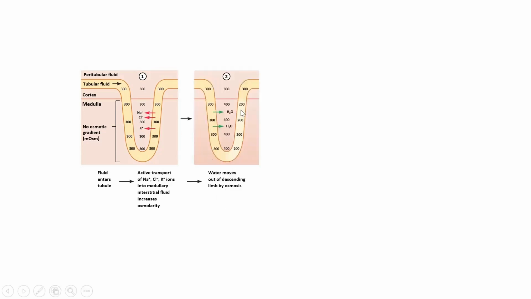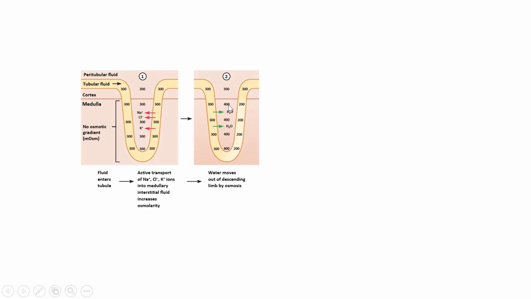Because we've pumped solutes out into this region to start, we now have a gradient, right? We've got more solutes actively pumped out into the interstitial fluid around the medulla. Now, because the descending limb is only permeable to water, that water is going to naturally want to go to this area that has higher solute concentration.